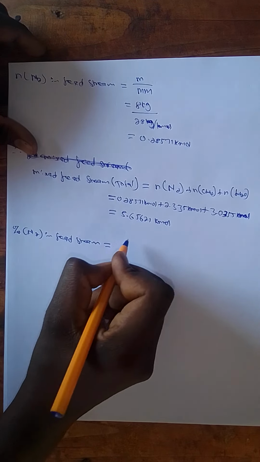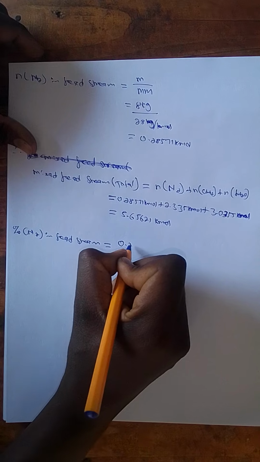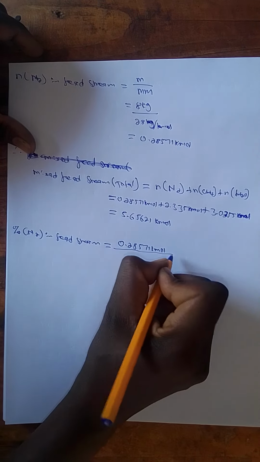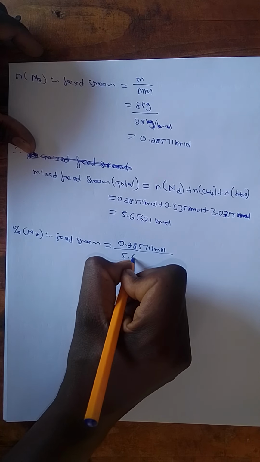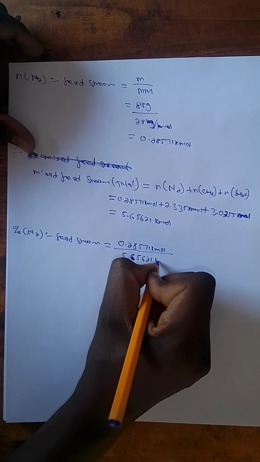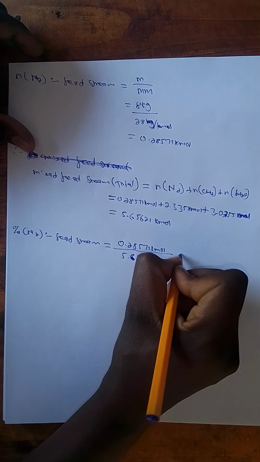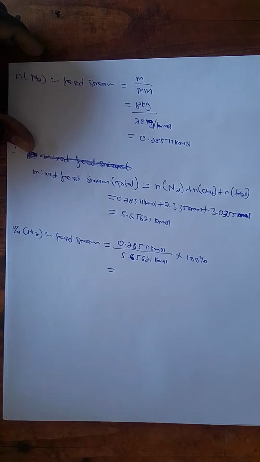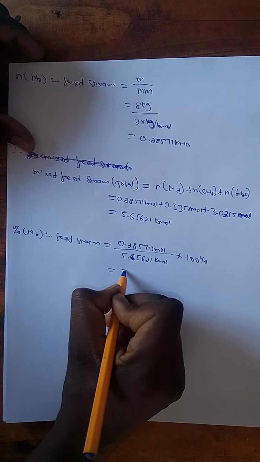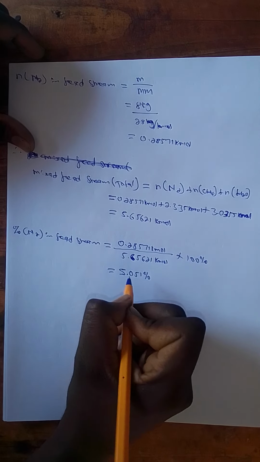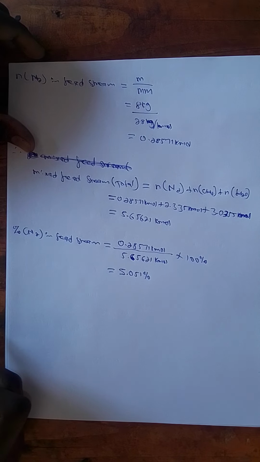is equal to, the nitrogen we know is 0.28571 kilomole all over the total, 5.65621 kilomole, multiplied by 100%. So if you use your calculator, you'll find that the nitrogen becomes 5.051%. So this becomes the percentage of the nitrogen in the feed stream.